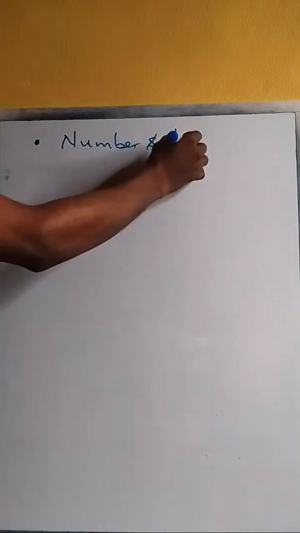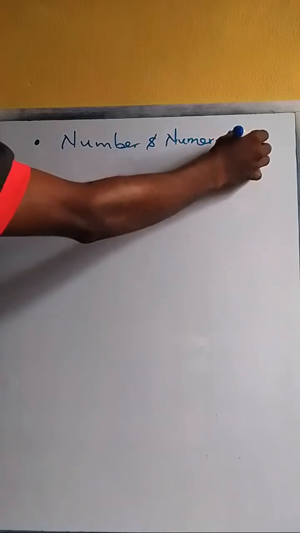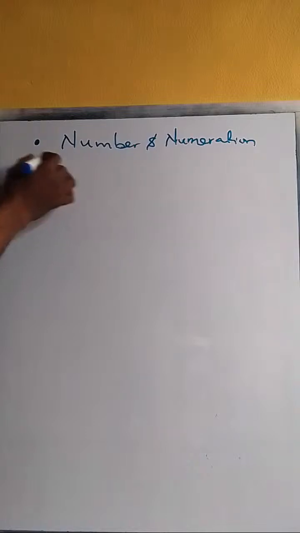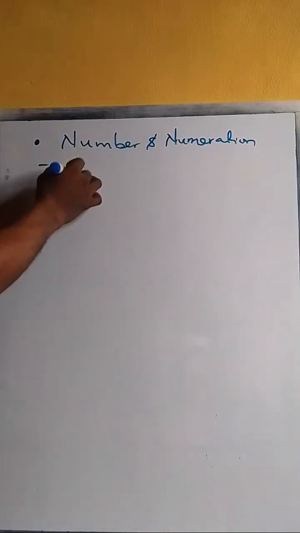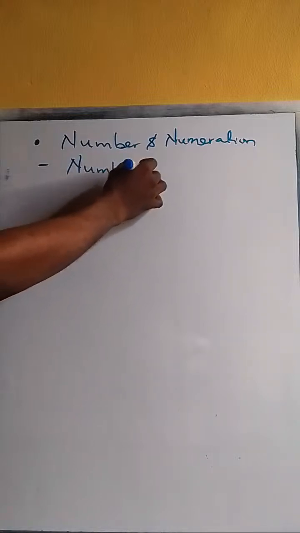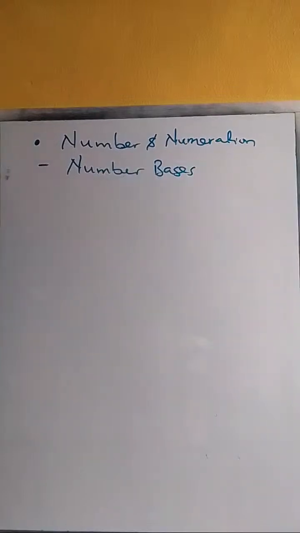Then, let's look at those topics under number and numeration from here. The first topic we'll be looking at under this is number bases. So we should be able to solve questions related to number bases before our exams.